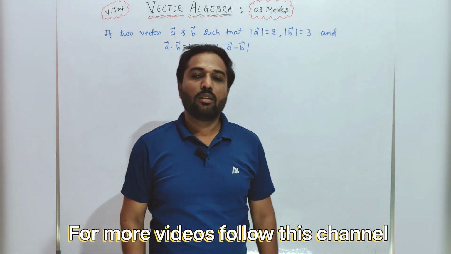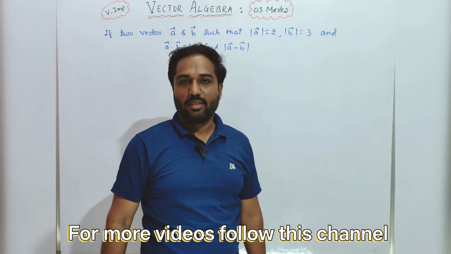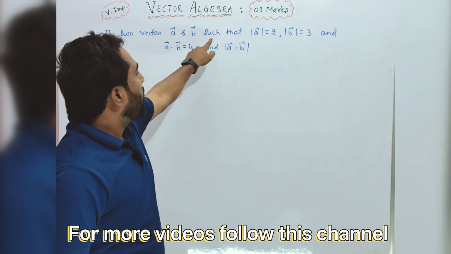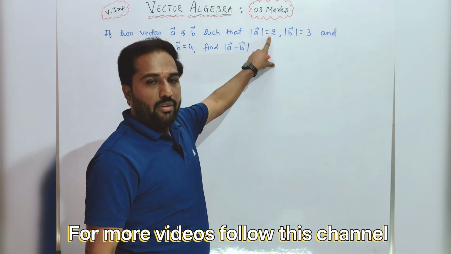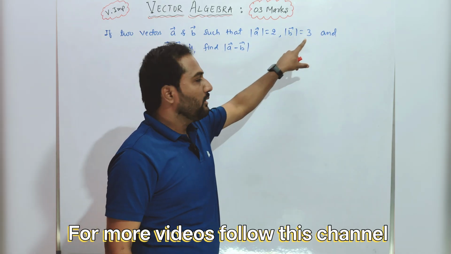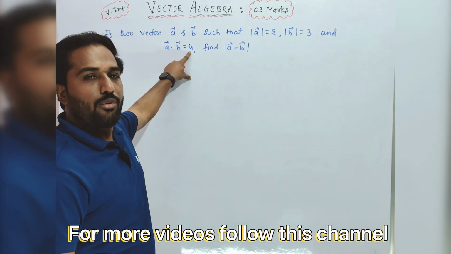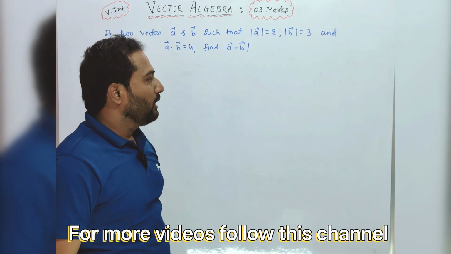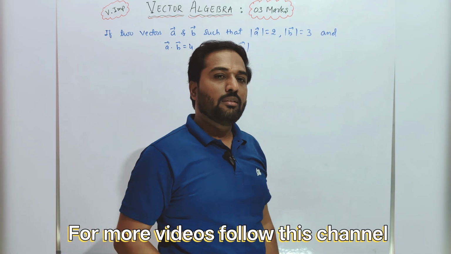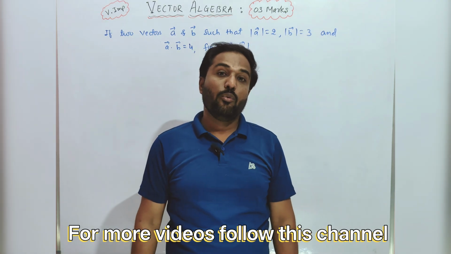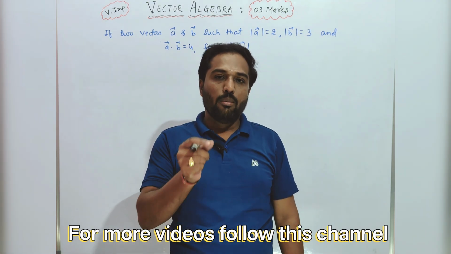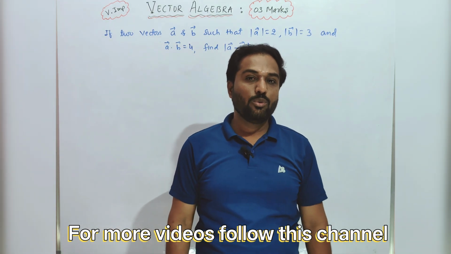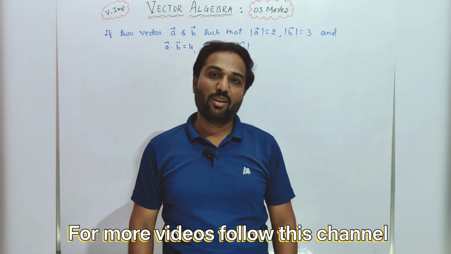Okay, my dear students, we'll see one more important example on vector algebra. Let us see. If two vectors A and B are such that modulus of A is 2, magnitude of B is 3, and A dot B is 4, you need to find modulus of A minus B. It is just like the previous video where we found modulus of A plus B plus C. We found it using the algebraic formula, that is A plus B plus C whole square.